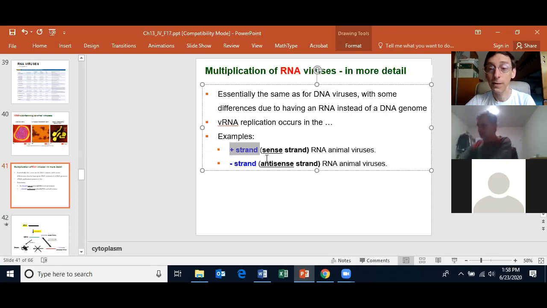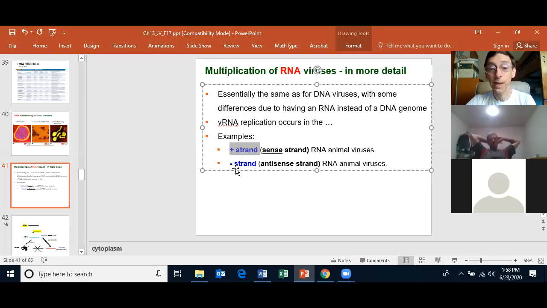Any questions about that? So this genome of the virus serves as both the genome of the virus and the viral messenger RNA. So if we have AUG, the ribosome can read that and translate it into proteins.